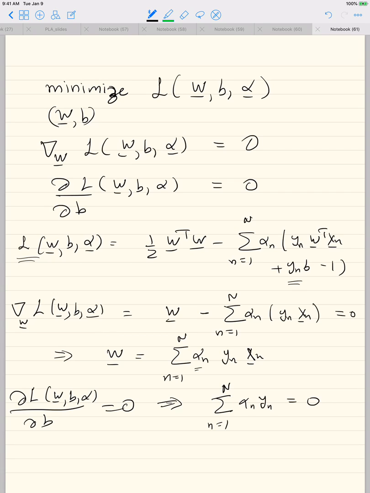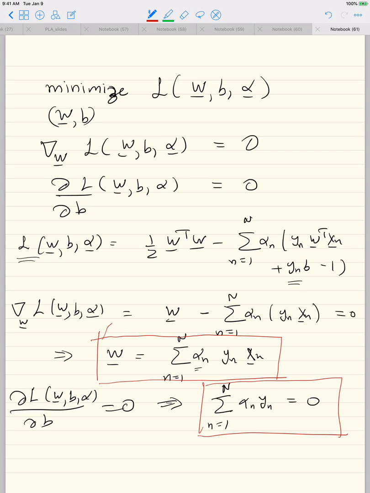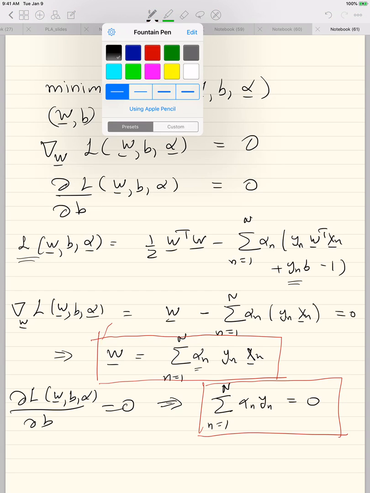So now we can use these two conditions, star and double star, to simplify the Lagrangian.